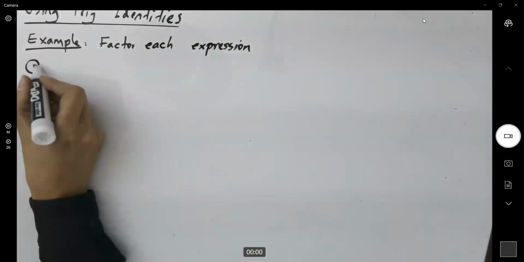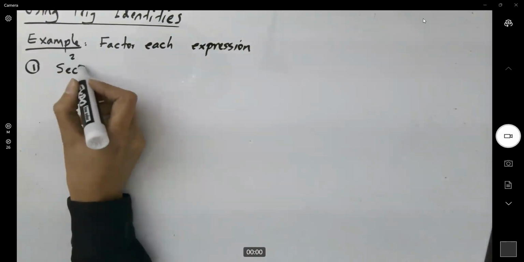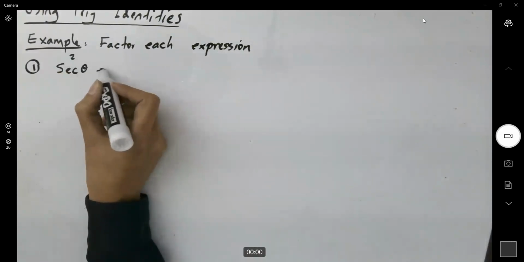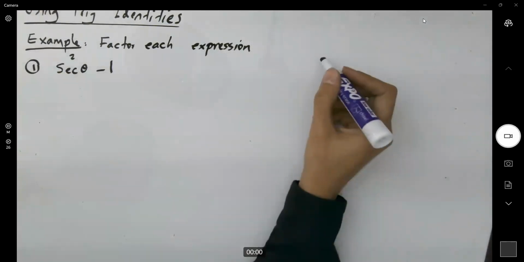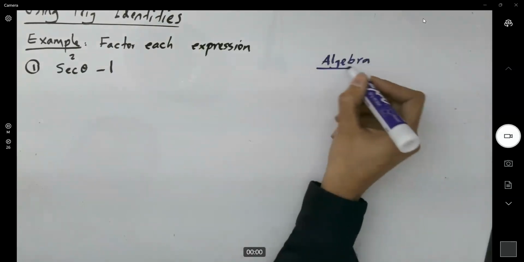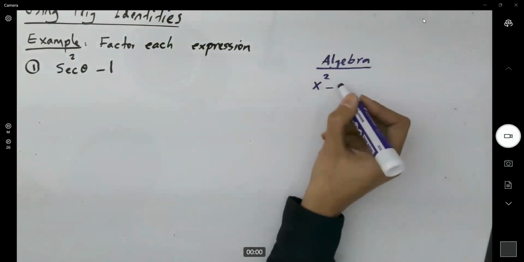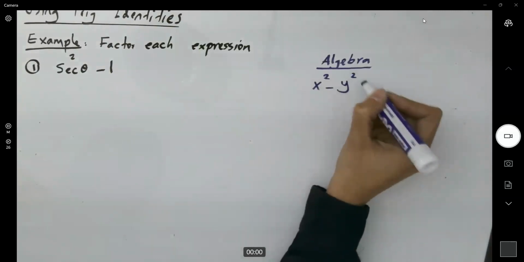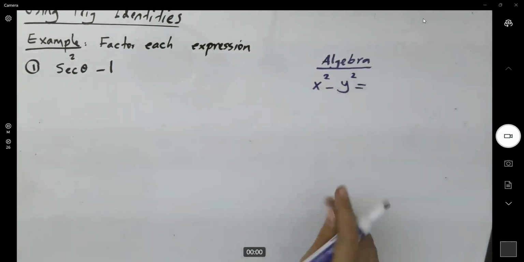The very first one says, you have secant squared of theta minus 1. Okay, what I learned from algebra was that, for example, I have x squared minus y squared, the difference between two squares.